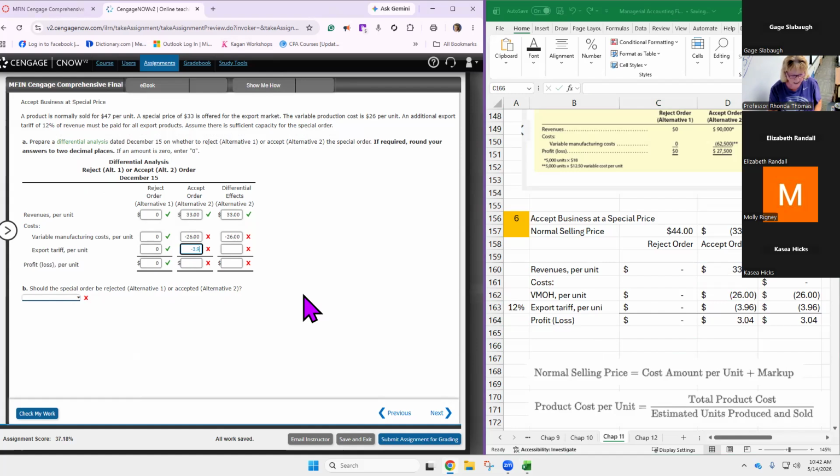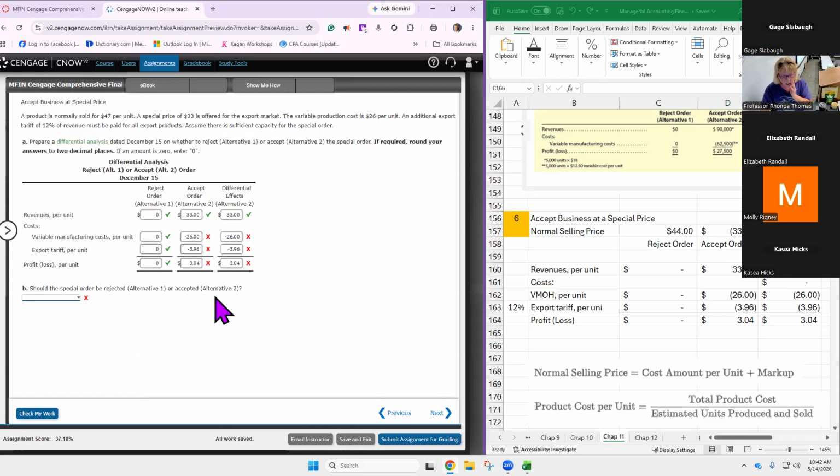We're going to put it in as a negative, and it comes over here. I got negative 3.96. And now we're ready for calculation. So we're going to take the revenue and subtract, and we get a profit of $3.04.